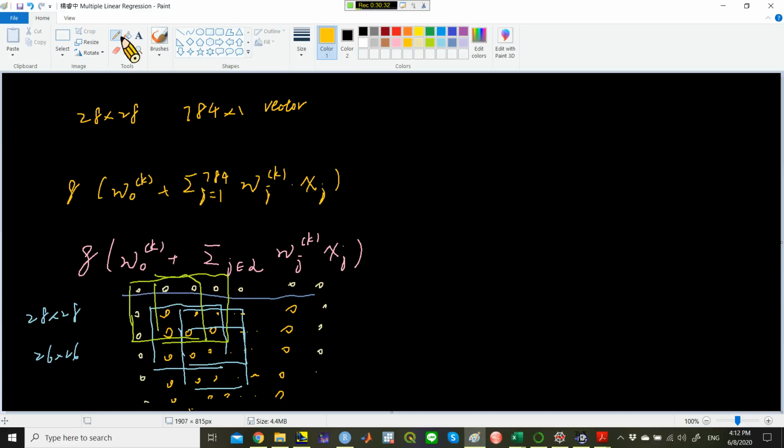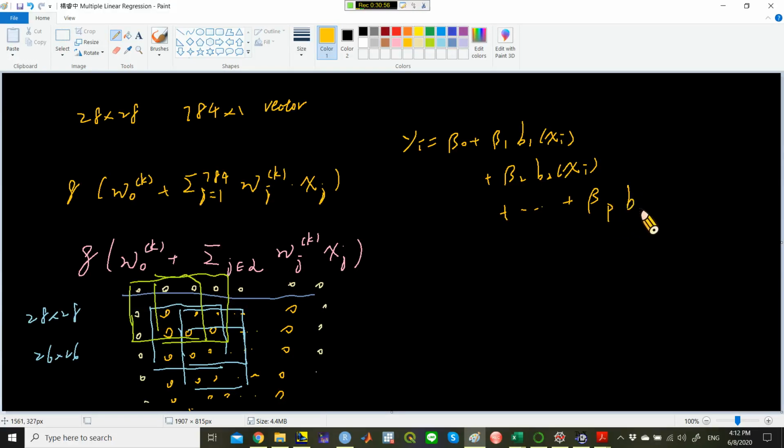When we are doing the basis function expansion, we have some model like this. We say our y equals beta 0 plus beta 1 times b1 of x plus beta 2 times b2 of x, and so on, plus beta p times bp of x_i plus some error. And this number p is something we want to select in the beginning.